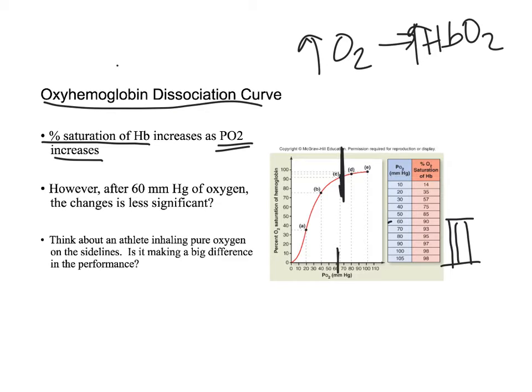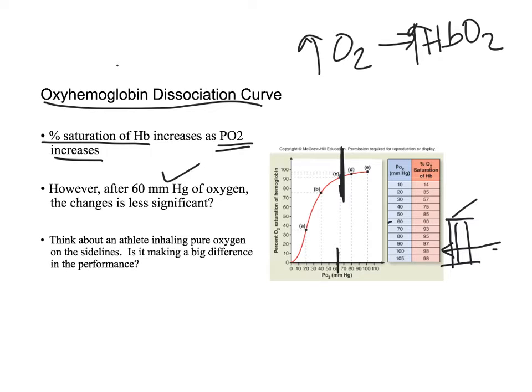So if the partial pressure of the air is 60, we're probably carrying about as much oxygen as we could possibly carry. When you get up to 100%, it's like 98. You can only carry so much oxygen on your hemoglobin.